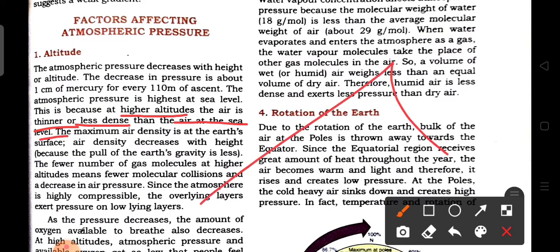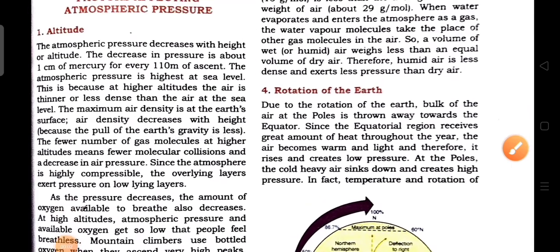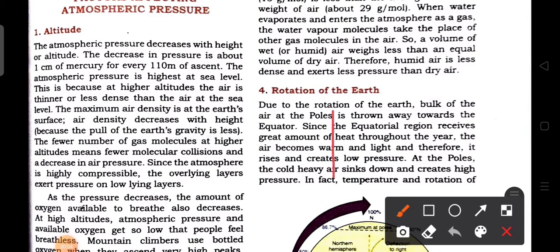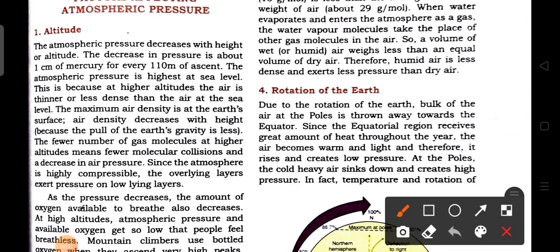The molecules present at higher altitude are fewer than the air molecules at lower areas. Near the Earth's surface, the density of the air is maximum.